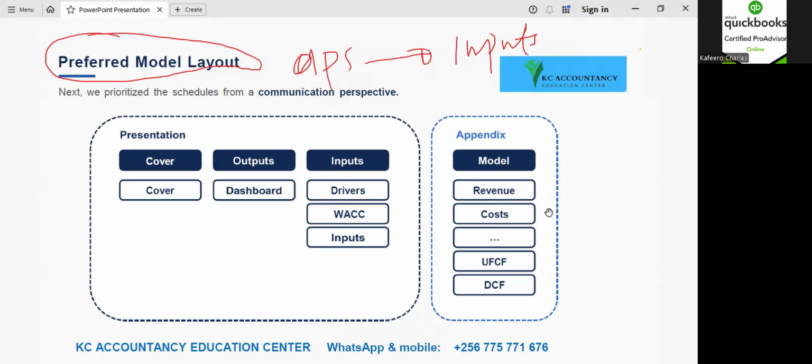And that gives us a great structure so that we can understand this linear flow all the way through the financial model and get the right level of detail.